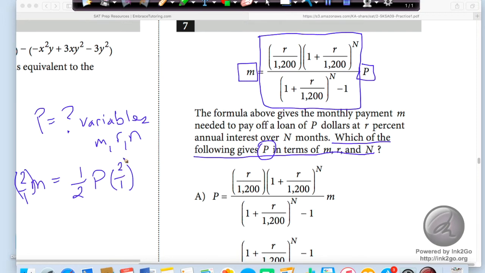I would then cancel out my 2's, and this over here would actually be 2M equals P in some way. Notice I just solved in terms of P, and I have my other variable still on the other side of the equation.